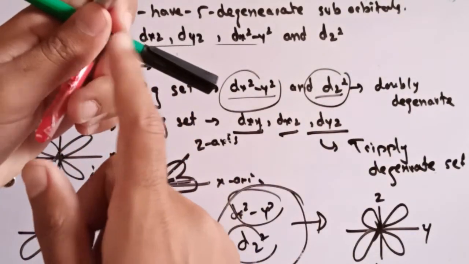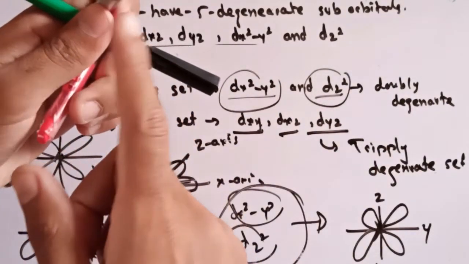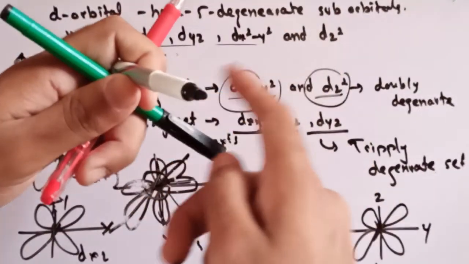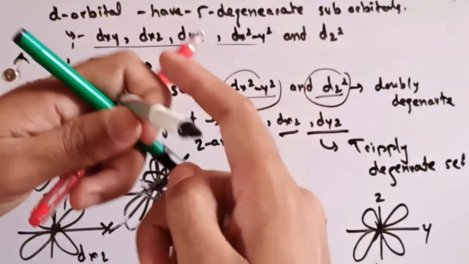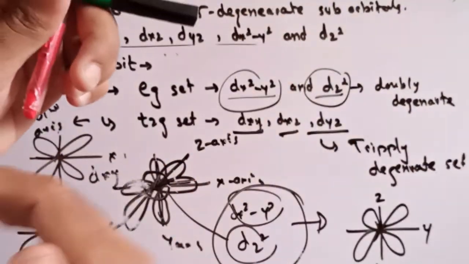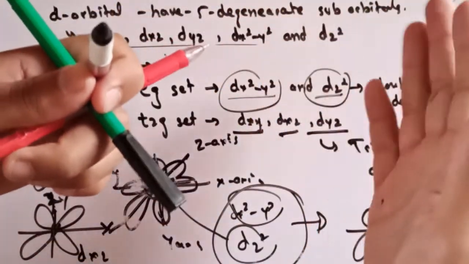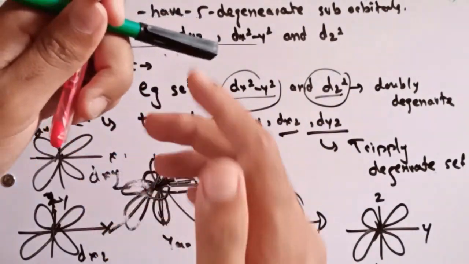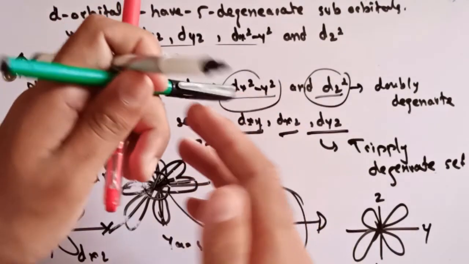So these orbitals will have increased energy, but the t2g set, which lies in between the axes, cannot completely face the ligands. So their energy will be decreased and the eg set energy will be increased. That's why the grouping will occur.